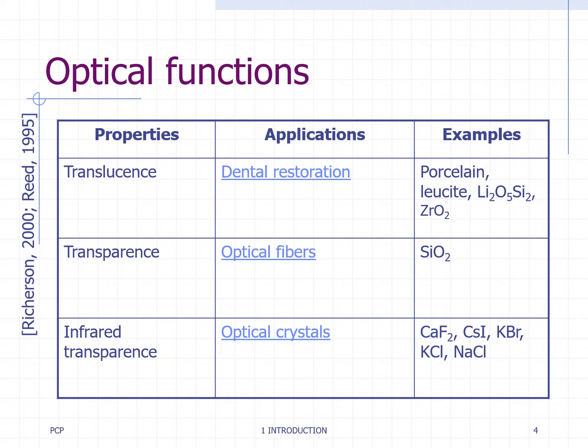Transparence is a key parameter for light transmission in optical fibers, as silica. Other ranges of the radiation spectrum may be also applied, e.g., infrared transparency in laser windows made of calcium fluoride, cesium iodide, potassium bromide, potassium chloride, or sodium chloride, which are all considered ceramics.